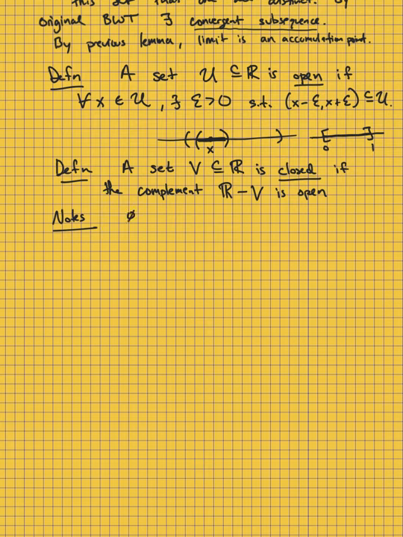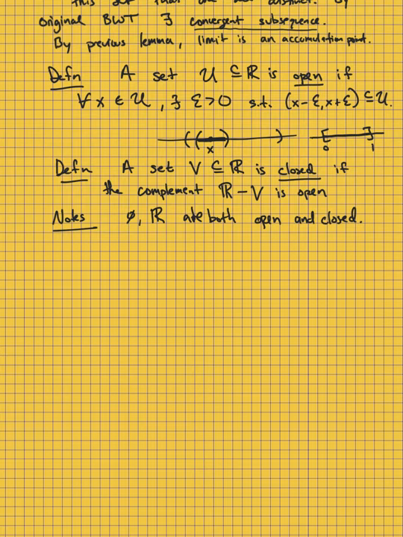So for one thing, the empty set and R are both open and closed, with these definitions. They're complements of one another, so you just have to check that they're both open.